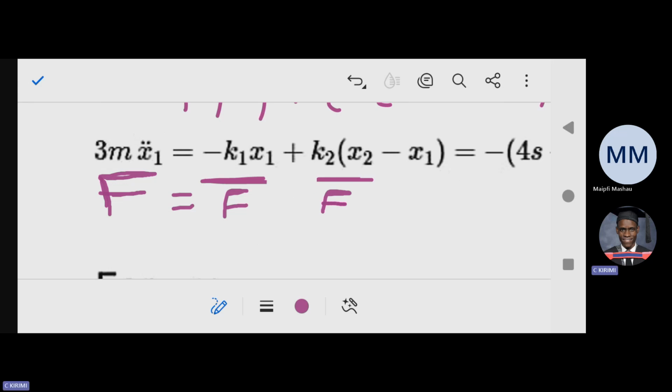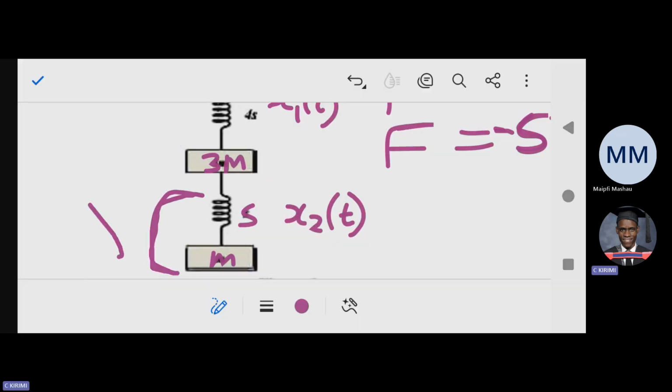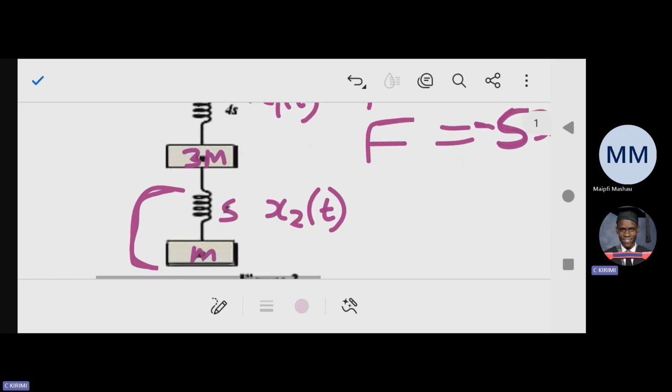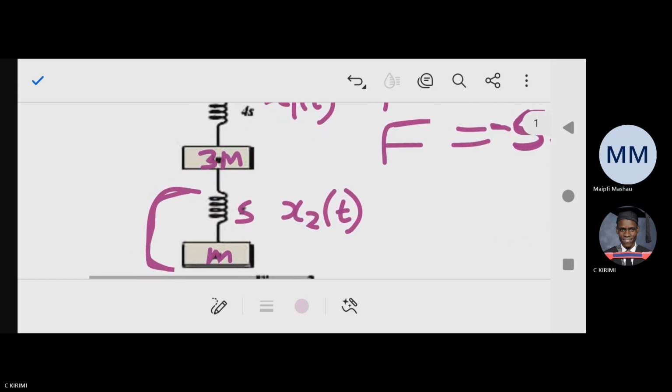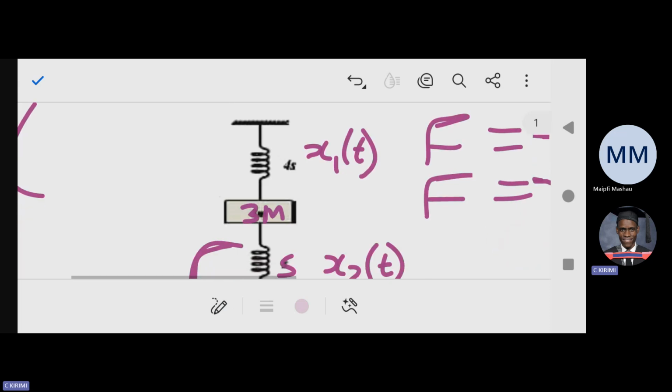All right, so in this case, what are we saying here? Check our diagram. On our diagram, we have two mass blocks, 3m and m. First, if the 3m block is attached there, it is going to exert a force going downwards. I'm just talking of the 3m block. A force going in the negative direction, isn't it?